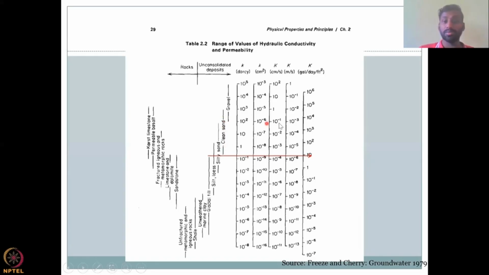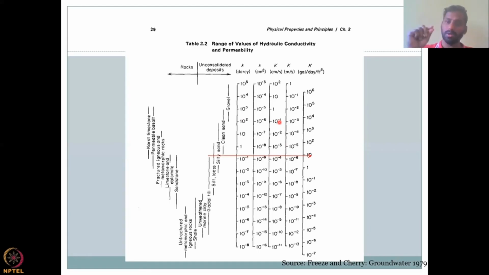And then you could see it jumps up. The hydraulic conductivity can jump up from 10 power minus 4 to 10 power minus 1. If I draw a line here, it is 10 power minus 1 centimeters per second. So it is moving at 1 millimeter per second, which is pretty fast.